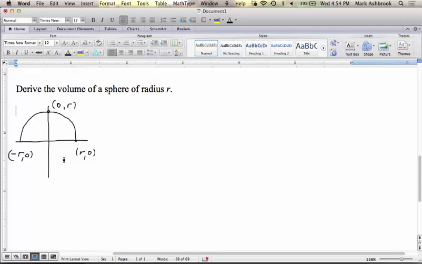What region would we revolve around what? That region around the x-axis. You must revolve the region I'm showing you around the x-axis. So you do the top half of a circle and the x-axis, and then revolve that around the x-axis, and that'll give us a sphere. Totally valid. But we want to practice this other thing.